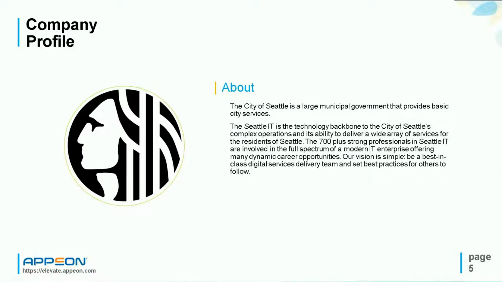Our IT department has about 700 people, and out of those, we have about 200 in our applications development group, and we manage over 1,500 custom applications for the City of Seattle.